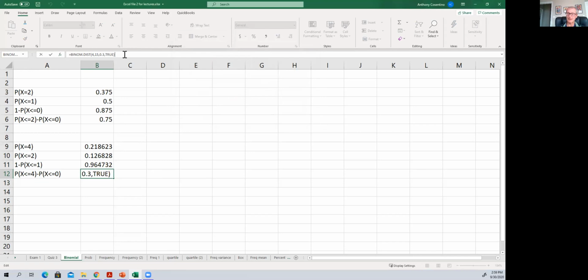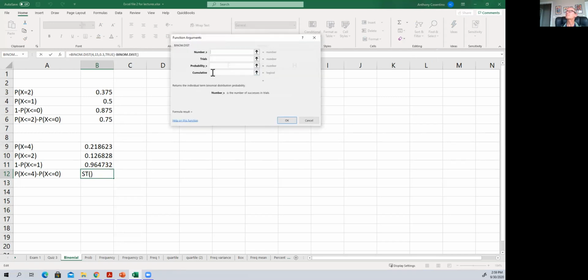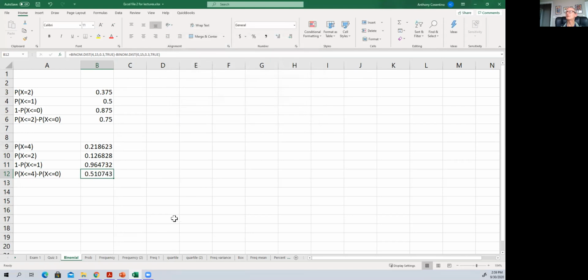And then you want to subtract the 0. So it'd be 0, 15.3, and true. You can see you get a little over 50%.